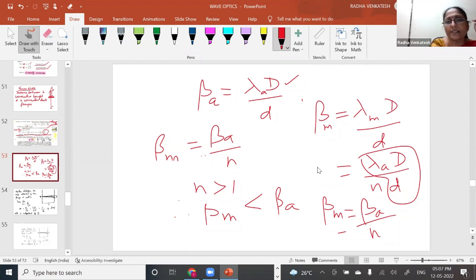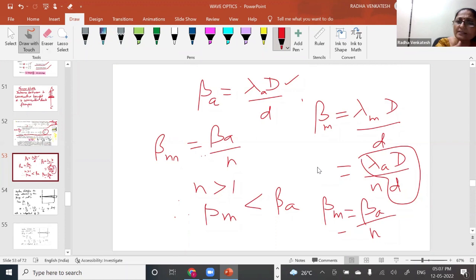Now beta is lambda D by d, and it depends on 3 physical quantities, right? Namely the wavelength of the light used, capital D, the distance between the slits and the screen, and small d, the distance between the two slits of the YDSE experiment. So this is our YDSE experiment. Beta depends on lambda, on D, and on small d.